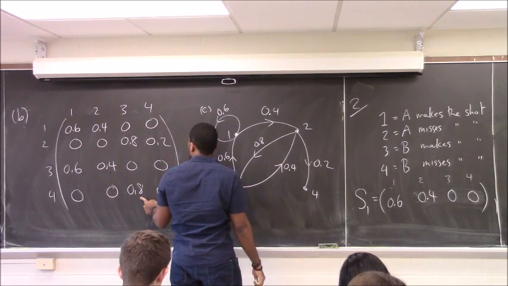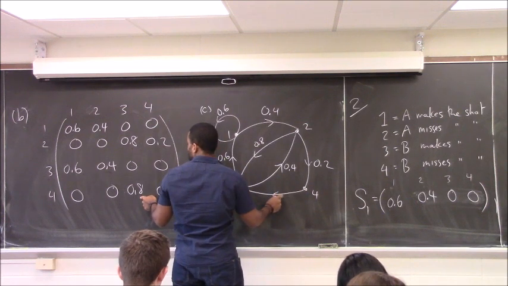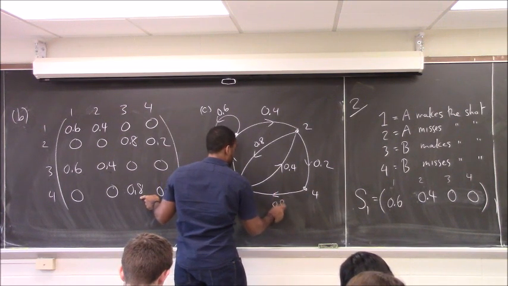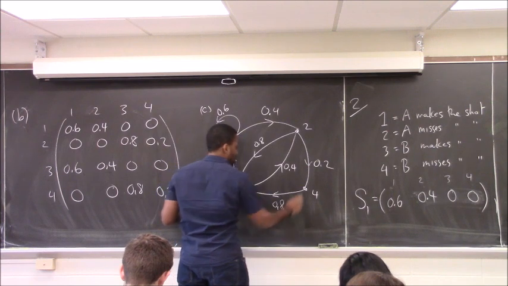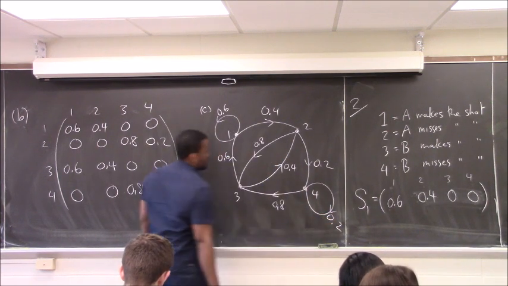Okay. 4 goes to 3 with 0.8. And 4 goes to itself with 0.2. So that's the transition diagram.